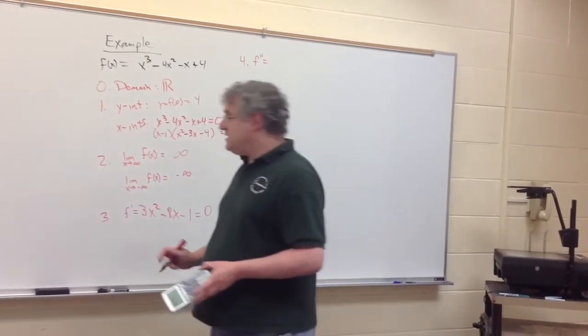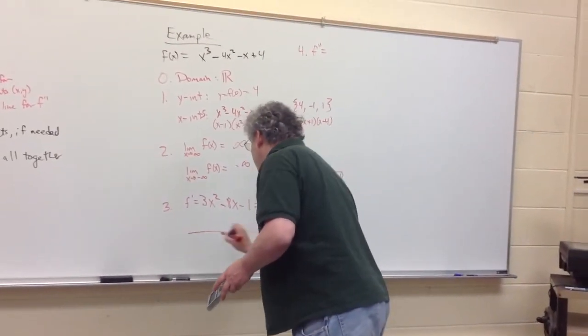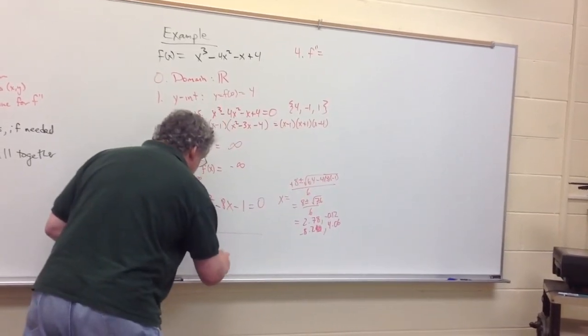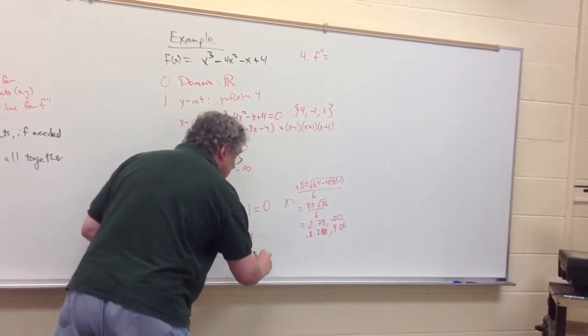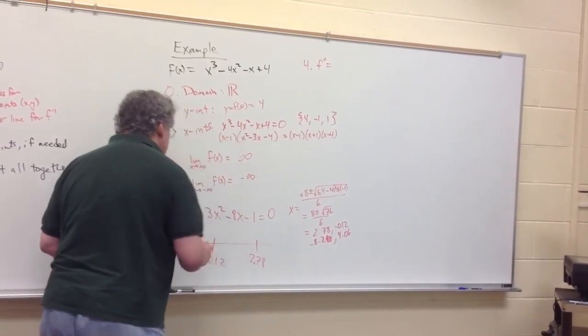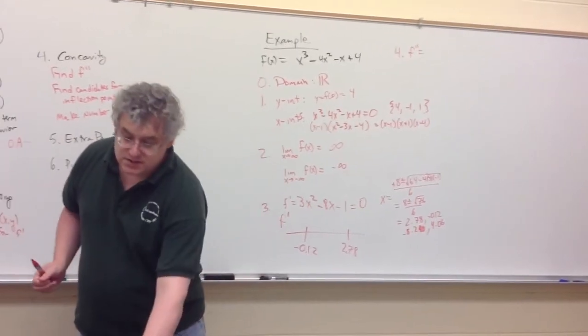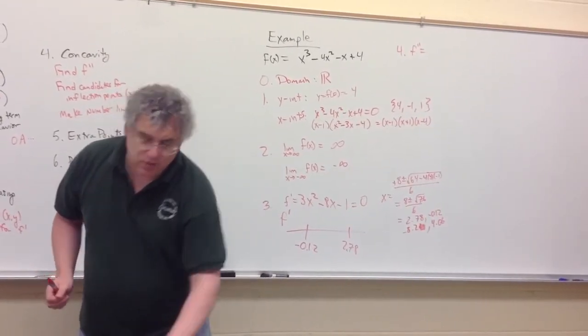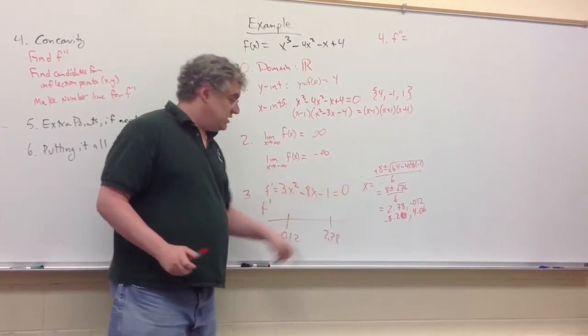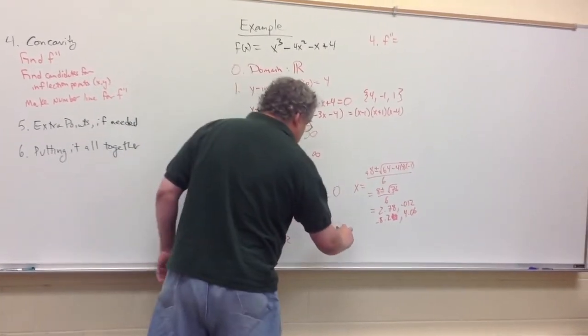Okay, what are these values? These values are the values we put on the number line. Well, the x's are negative 0.12 and positive 2.78. We're going to find the derivatives for these. I know the derivative here is 0, the derivative here is 0. I need the regions. So I need a value in each region.